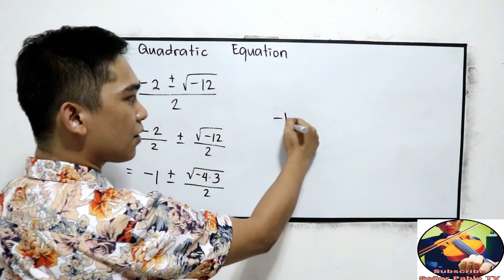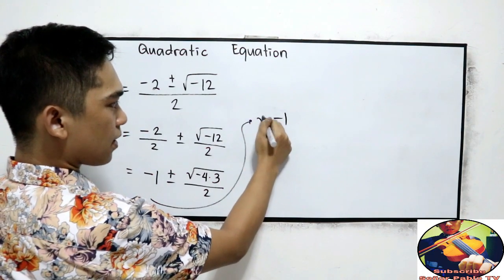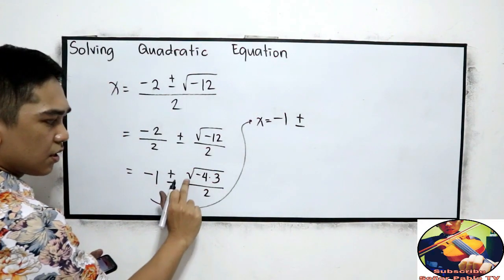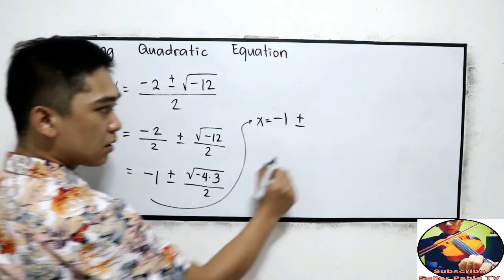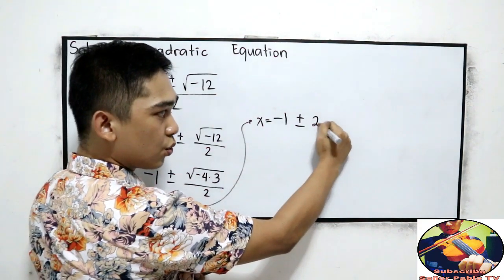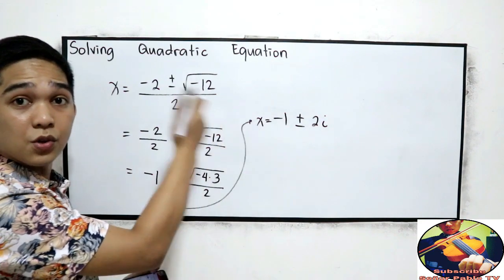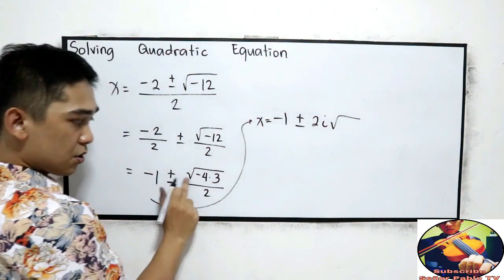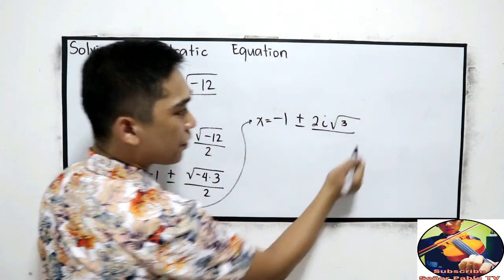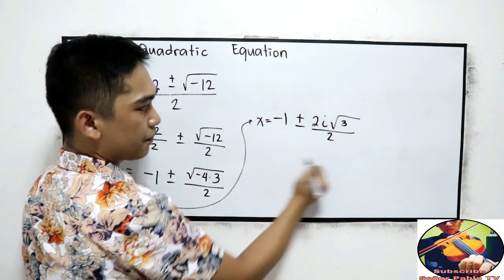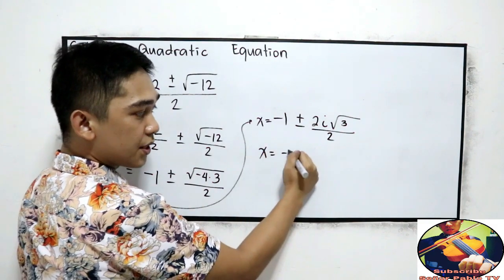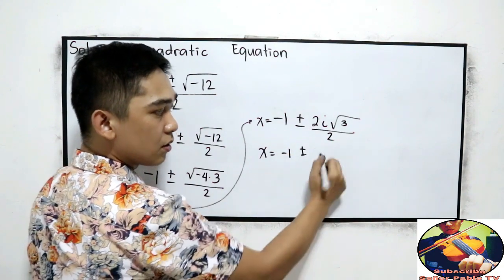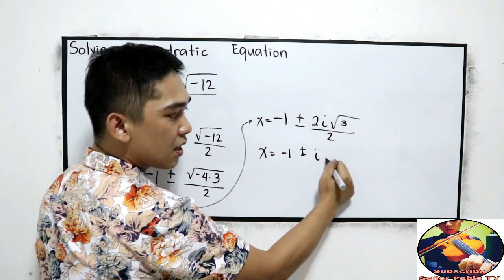Now x is equal to -1, just copy, positive negative square root of -4, that is 2i, the one that we solved a while ago. Copy square root of 3 all over 2. So x is equal to -1, positive negative, 2 divided by 2, that is i, then copy square root of 3.